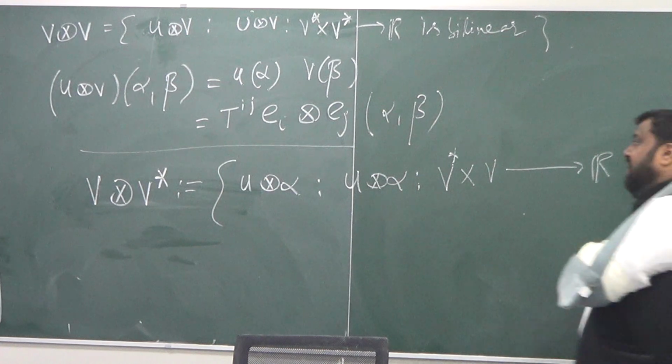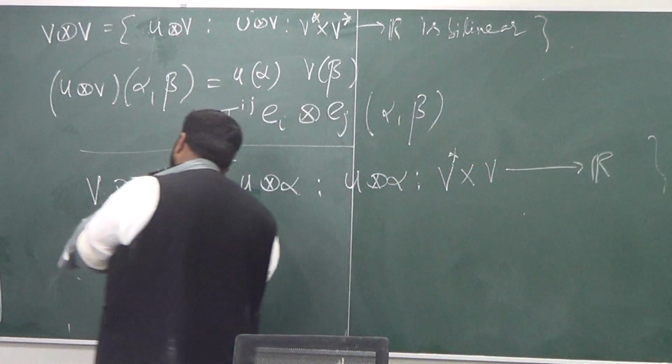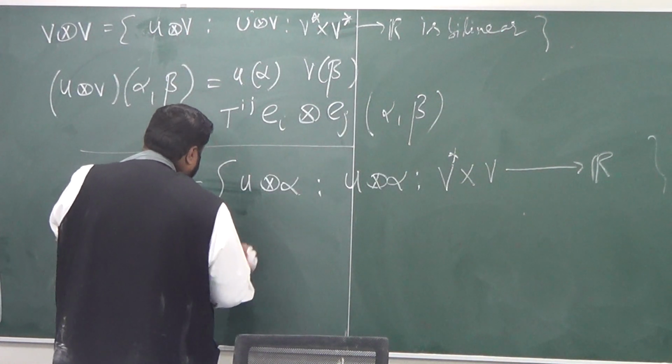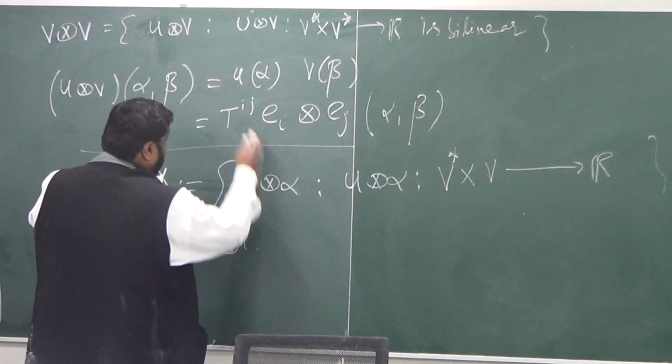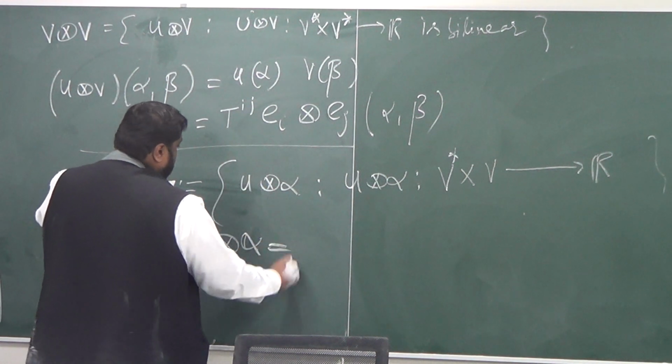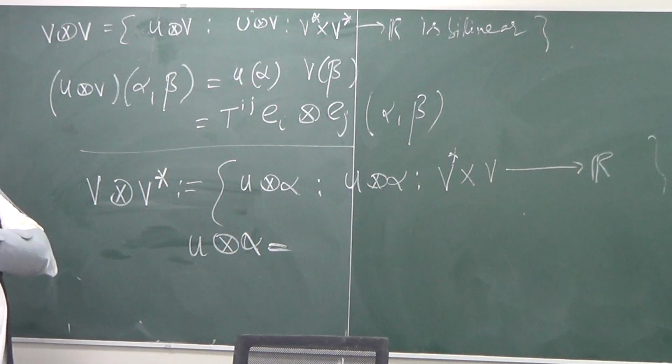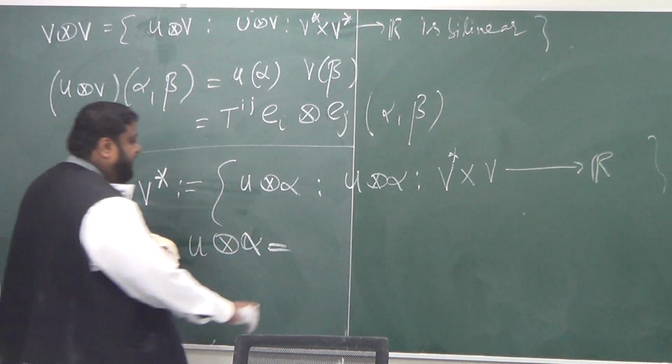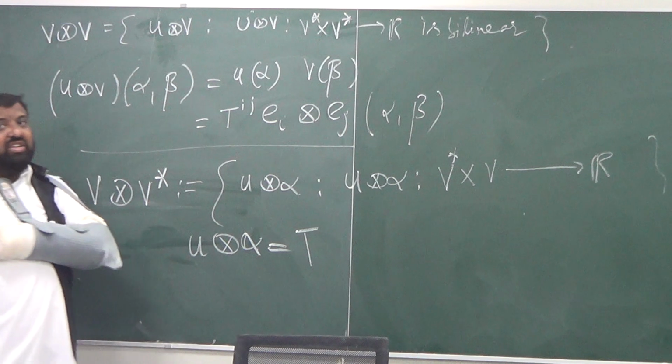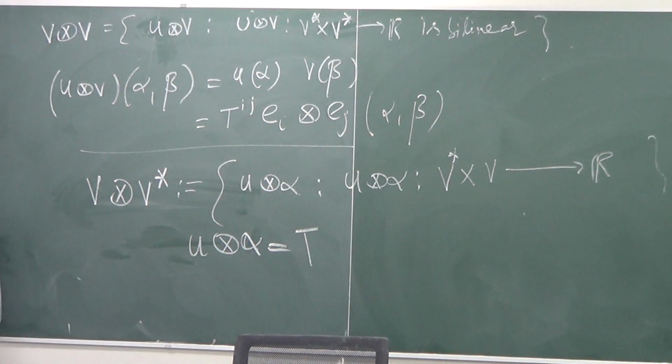Give me a guess: how can I write U tensor product alpha? I don't want to write it in this manner. Just tell me how it is going to look. So this would be D, i j, and where would be i and where would be j?